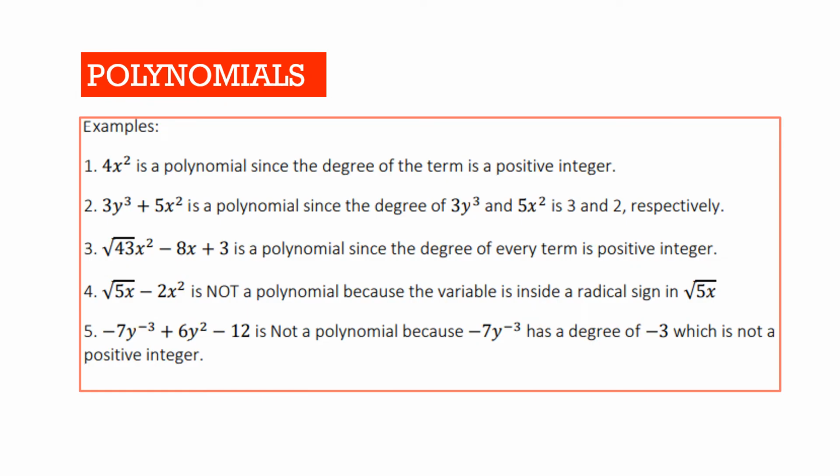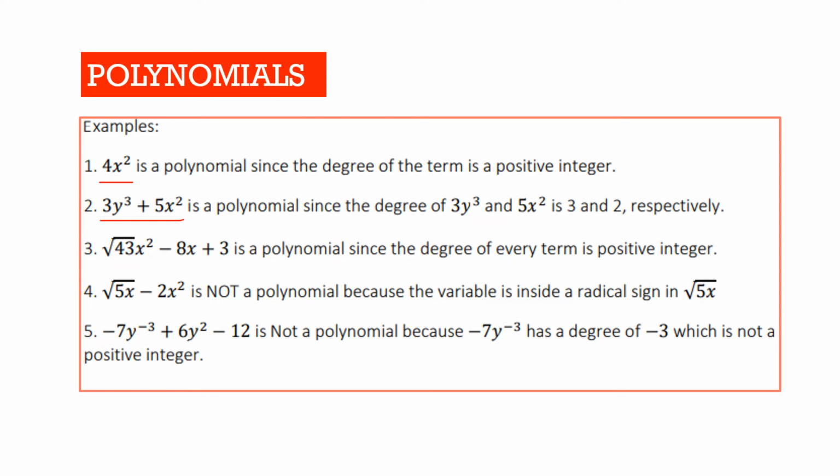Here are examples of polynomials. For number 1, 4x squared is a polynomial since the degree of the term is a positive integer. Number 2, we have here a polynomial with 2 terms, and the degrees are both positive or whole numbers.